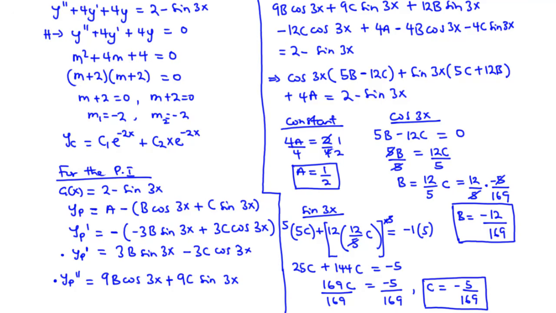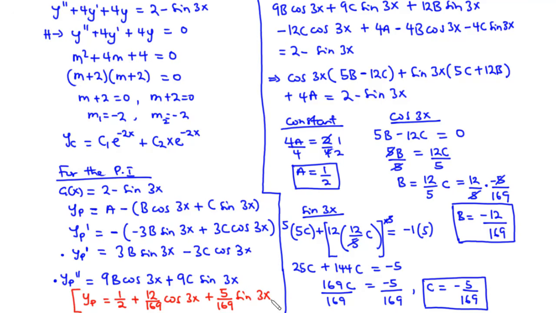Now in that case, for yp, which is the particular integral, that is equal to, we have a, which is 1 over 2, and then minus, now b is negative 12 over 169, so negative negative becomes positive, so 12 over 169 times cos 3x, and again for c we have negative 5 over 169, so negative negative becomes positive, so plus 5 over 169 sine 3x.